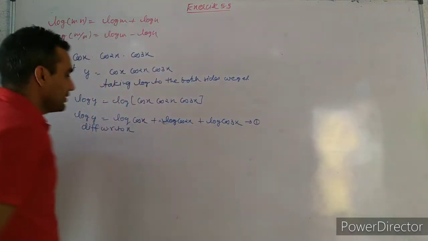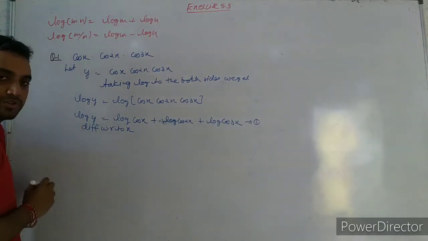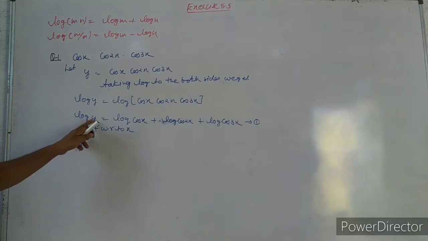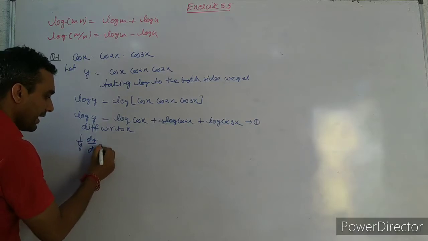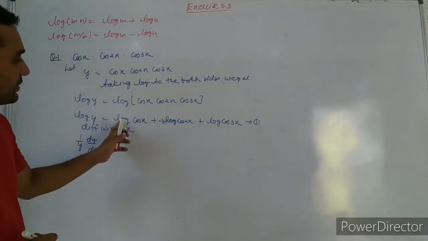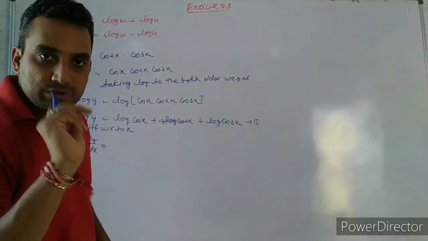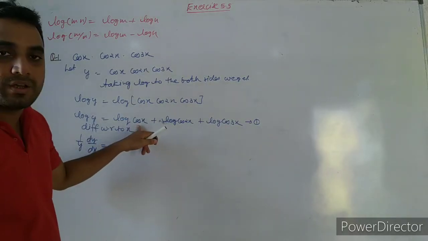Now differentiating this equation with respect to x, the differentiation of log y is 1 upon y, and then the differentiation of y will give me dy upon dx. Again, for the differentiation of log cos x, we have the differential of log x equals 1 upon x, and here in the place of x we have cos x.